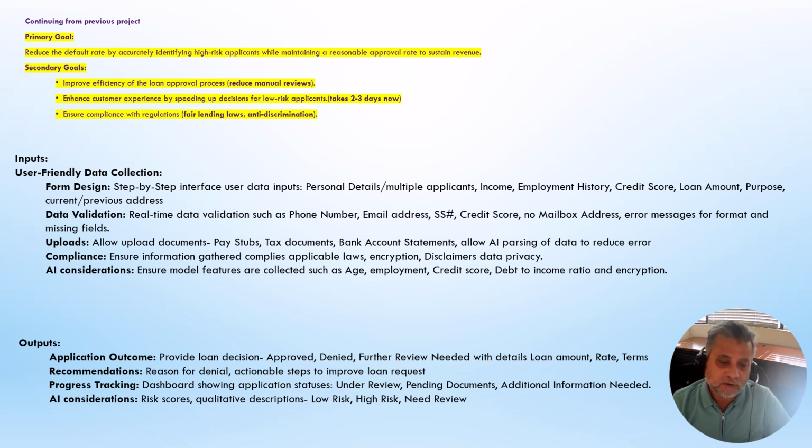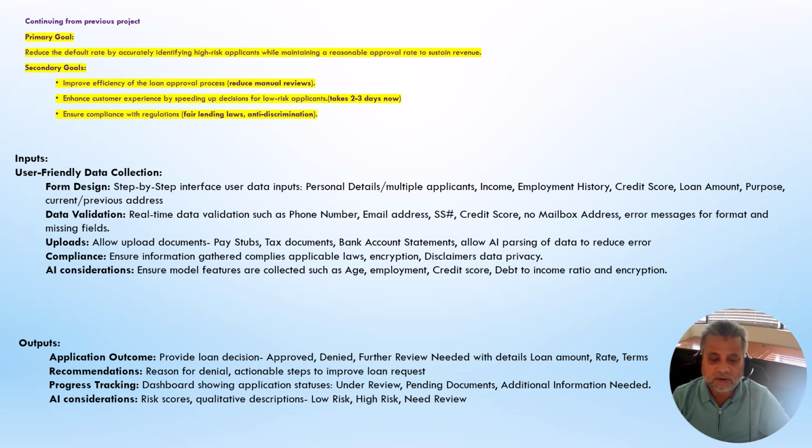From the output, we are looking for application outcome, where we want to provide a loan decision, whether it is approved, denied, or there is further review, and also give all the details like what is the loan amount, rate, and terms.